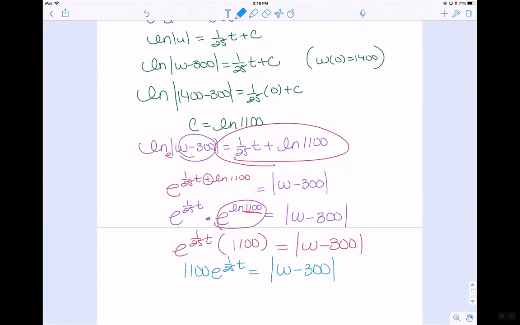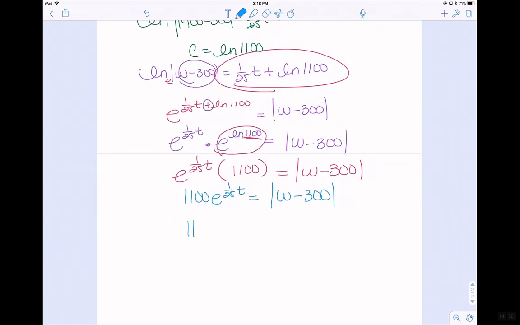But remember, your initial condition is 1400 goes in for W. So if I'm plugging in 1400 for W, then that results in a positive value. So I can just drop the absolute value and get W minus 300. So now, by moving the 300 to the other side, W is equal to 300 plus 1100 e to the 1/25 t.